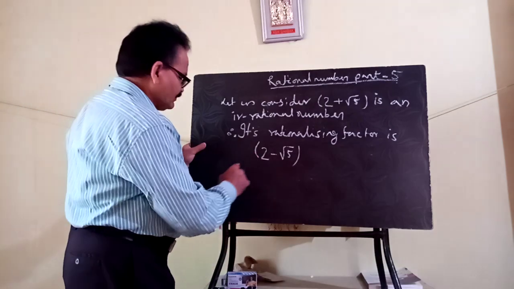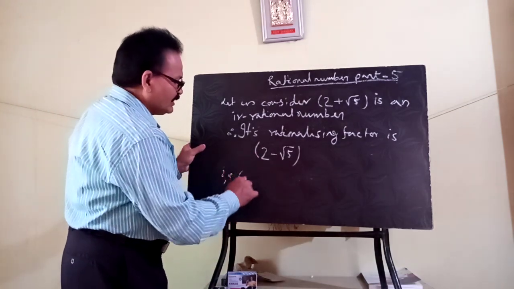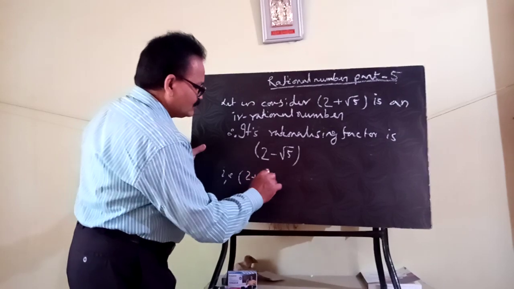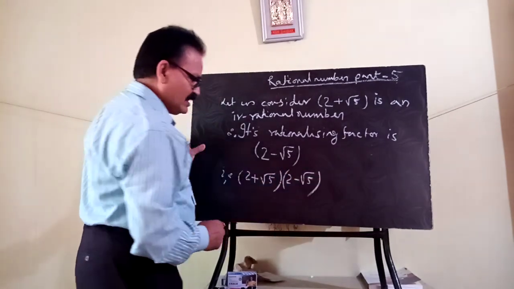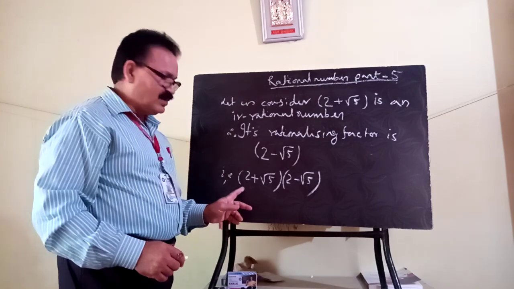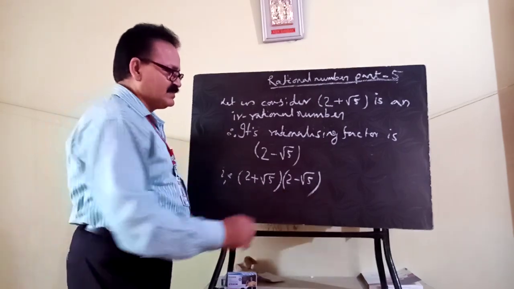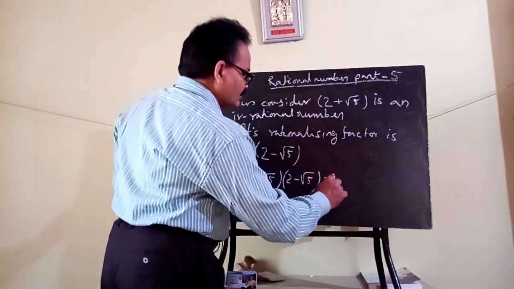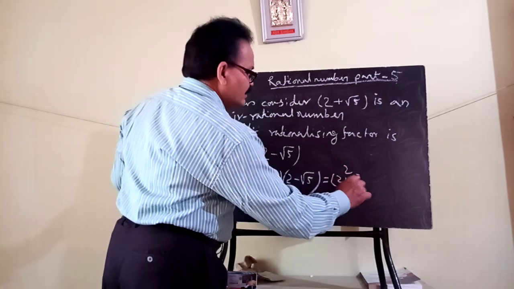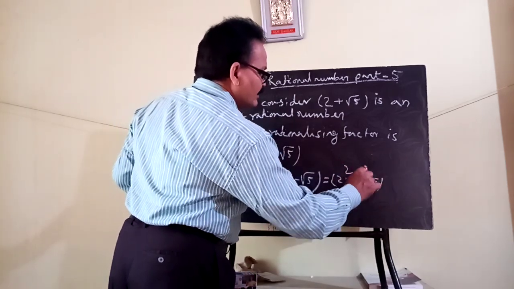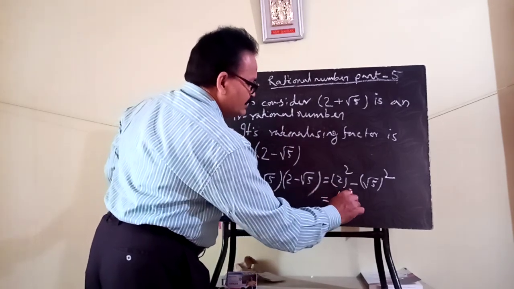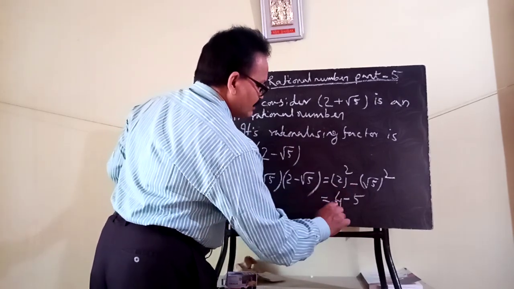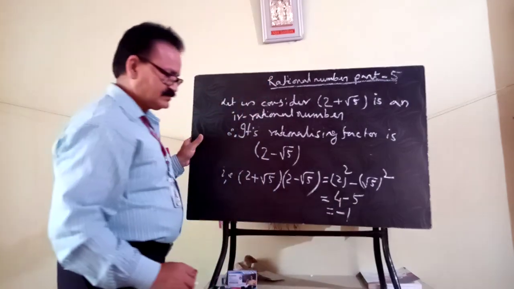So if we multiply 2 plus root 5 into 2 minus root 5, what will happen? This is in the form of a plus b into a minus b, so the final result will be 2 square minus root 5 square. Ultimately the answer is 4 minus 5 equals minus 1.